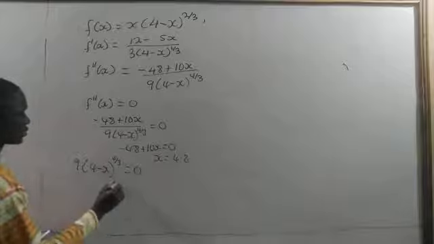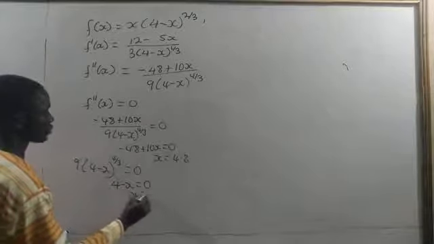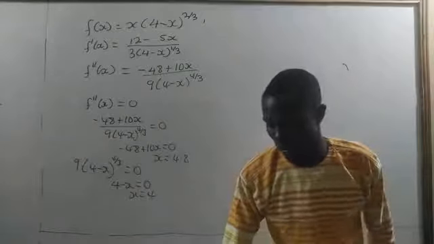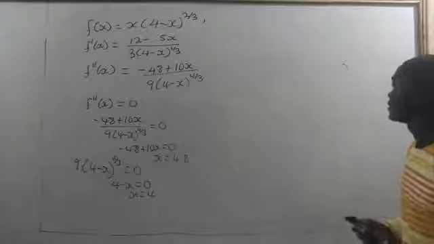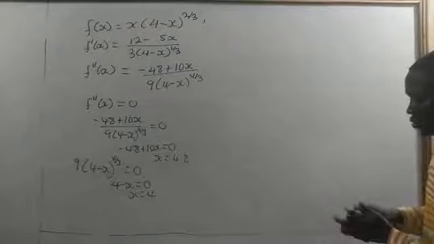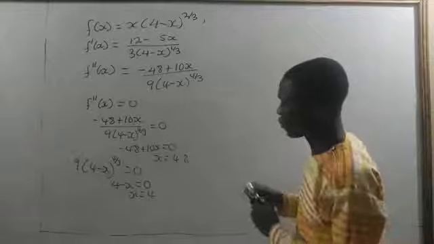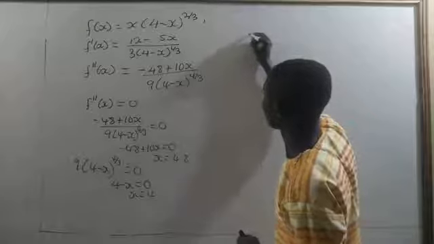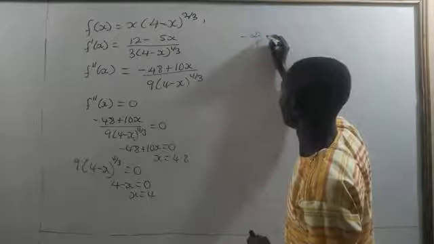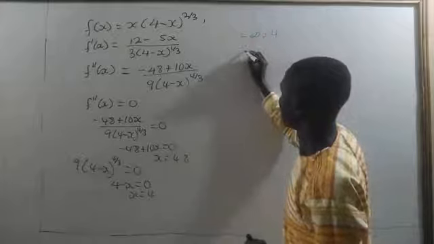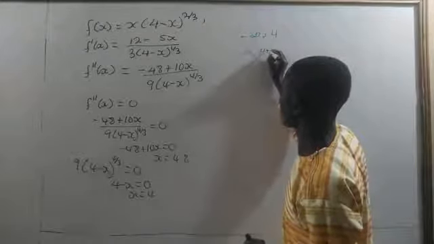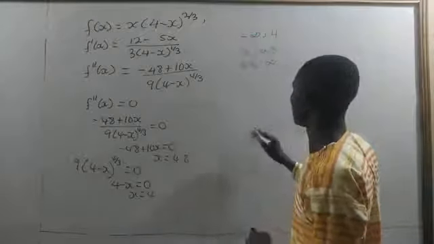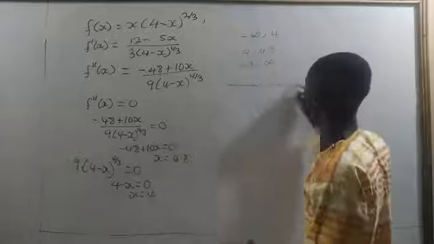Just take the inner one, x equal to 4. Now, let us look at the interval that we've got in here. Here we have 4 and 4.8. So we can say that the interval is negative infinity to 4, then from 4 to 4.8, and then from 4.8 to positive infinity. So let's draw a table for that one.